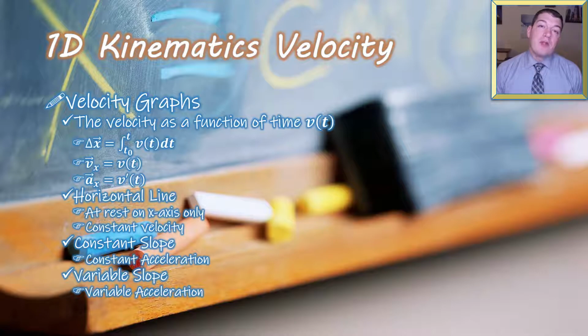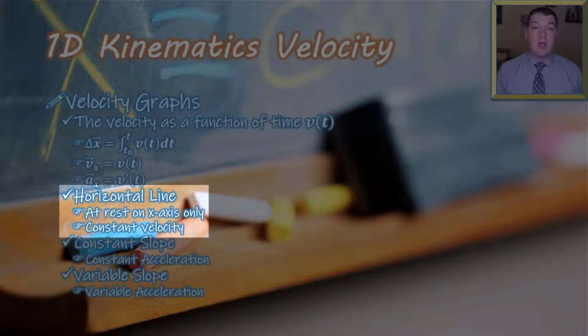Some of the important features to be aware of on all of these graphs, but which we're going to look at first for the velocity graph, is a horizontal line. A horizontal line on a position graph means that you are remaining at rest and not moving, regardless of where that horizontal line is. On a velocity-time graph, it actually changes.